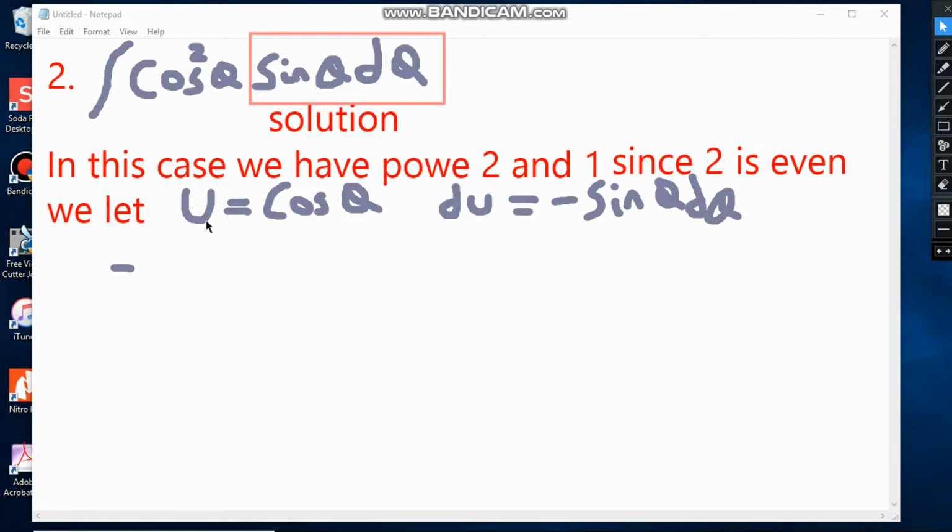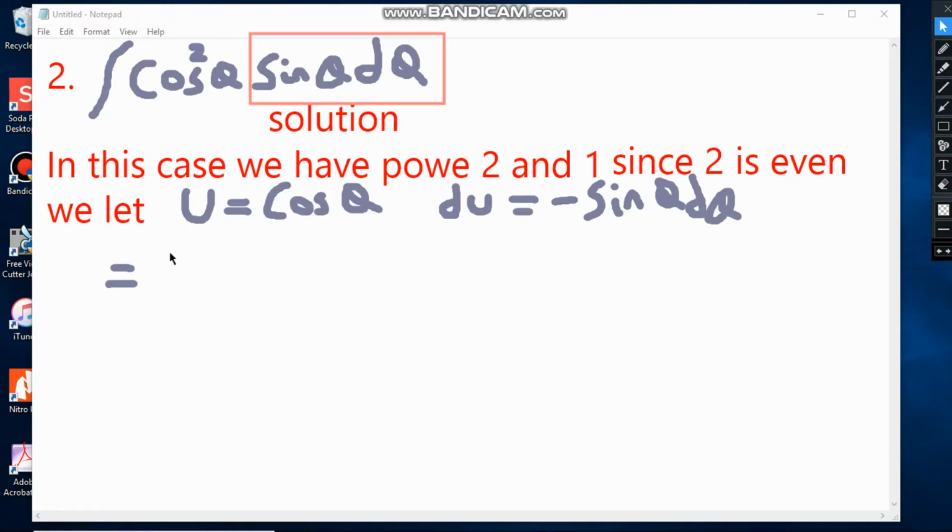So we let the even one be equal to g of x, which is equal to u. Okay, when we substitute, sin theta d theta is equal to negative du. In this case, cos theta is equal to u.